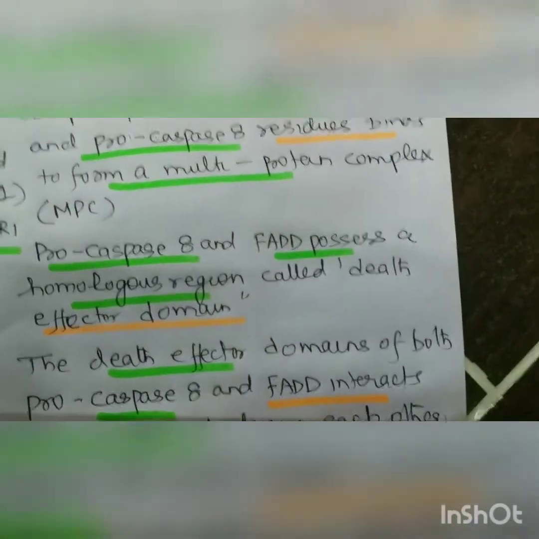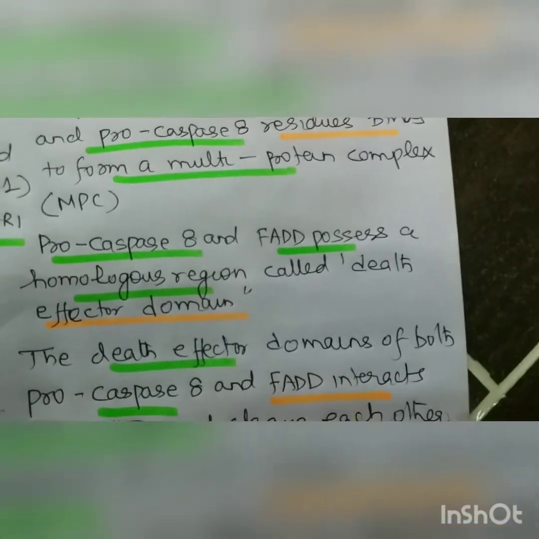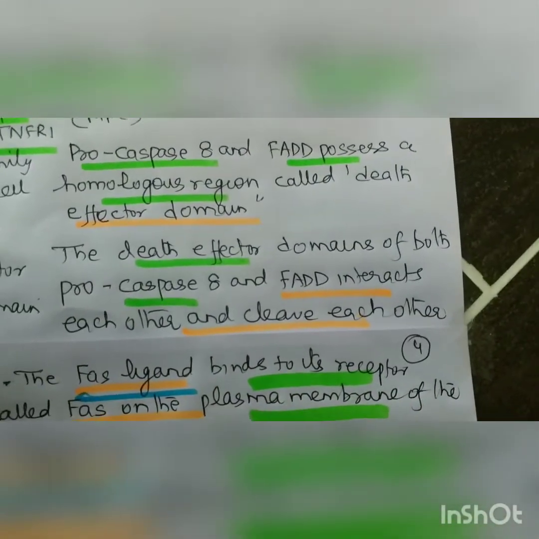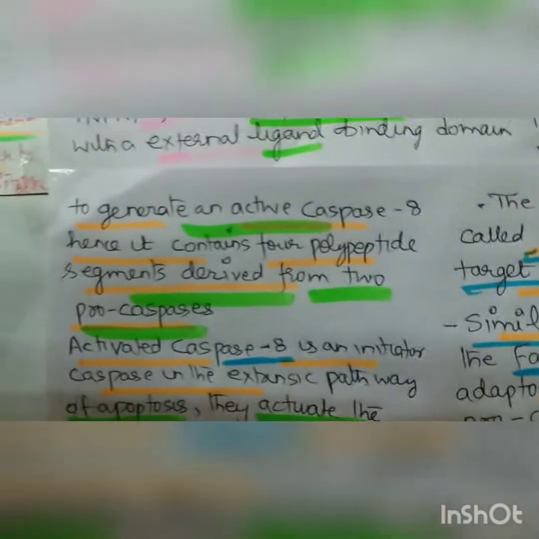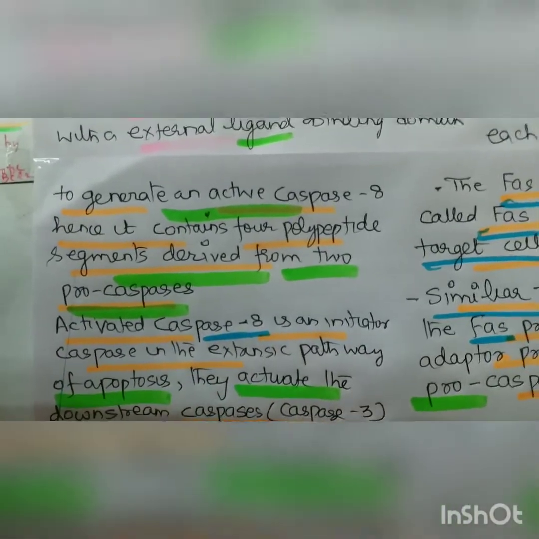So now procaspase 8 and FADD possess a homologous region called the death effector domain. The death effector domains of both procaspase 8 and FADD interact with each other and cleave each other to generate an active caspase 8. This is very important.